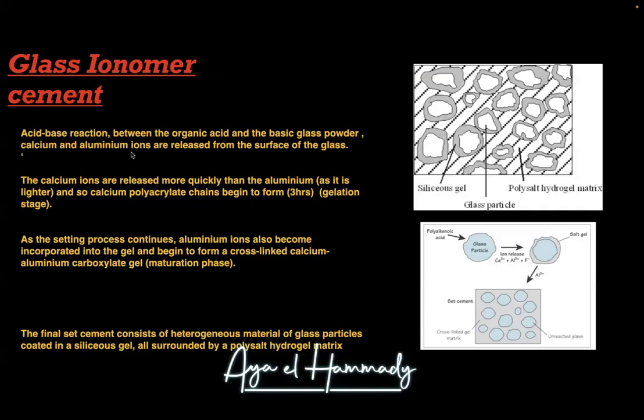It will help me in the setting time and the working time. It has the maximum strength after you leave it in the mouth for 24 hours. More working time and releasing the fluoride up to 12 months.